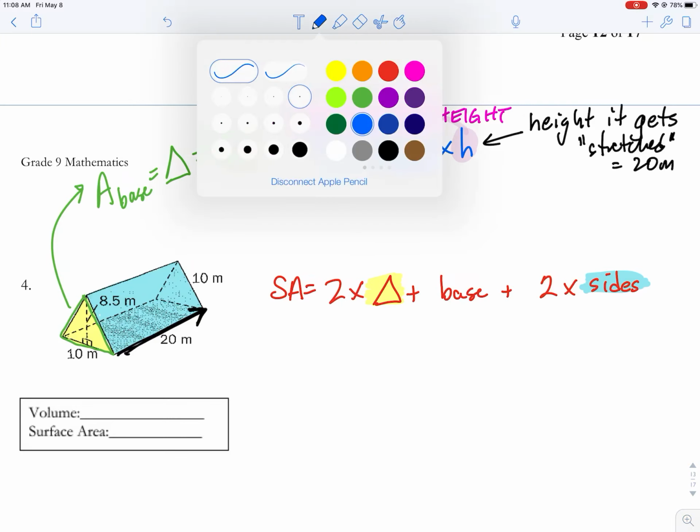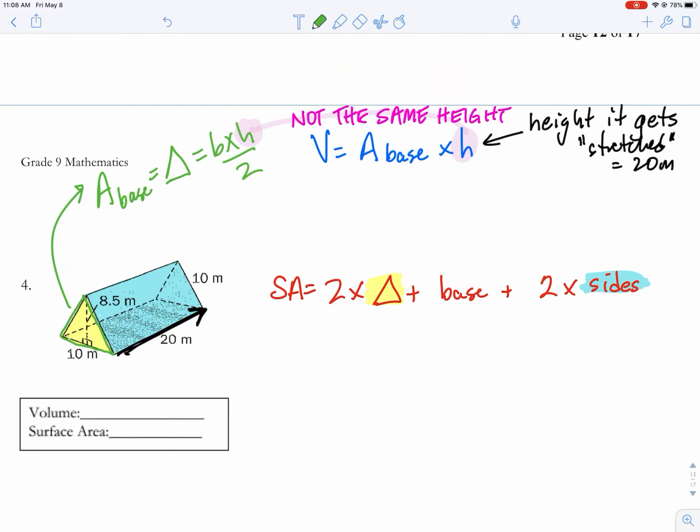I also need to figure out the area of the base. So that's going to be the area of the triangle. And in this case, the base of the triangle is 10. The height of the triangle is 8.5, divided by 2, and that is 42.5.